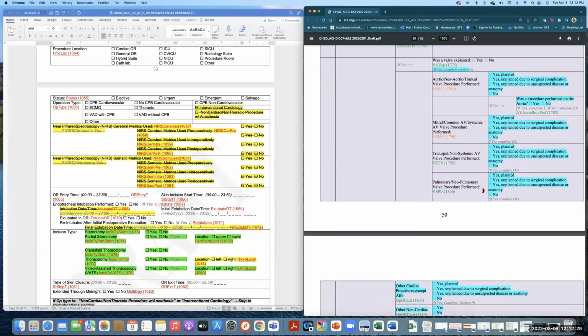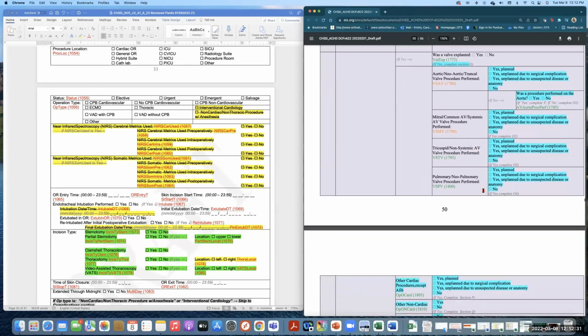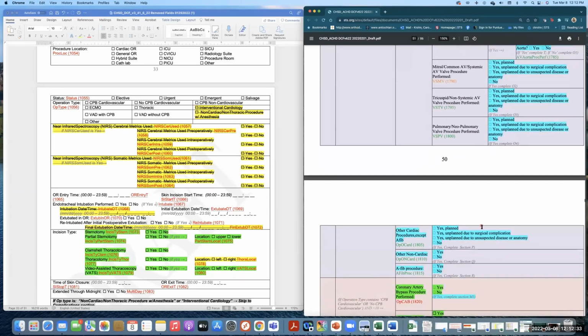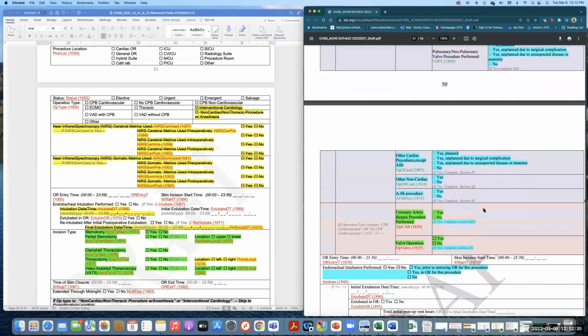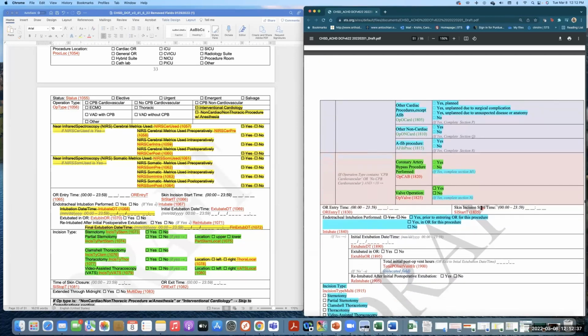The same questions. Once we get through all of that section, we move into another section called other cardiac procedures except AFib. So these are, for example, subaortic stenosis resection, or a tumor, an LV tumor removal, or an RV repair, or LV aneurysm repair, for example.